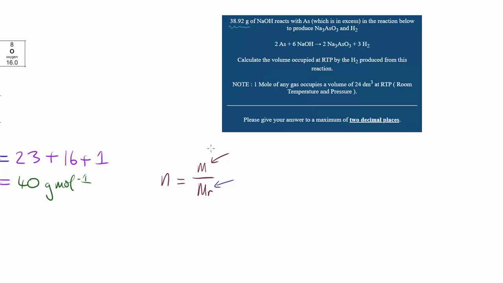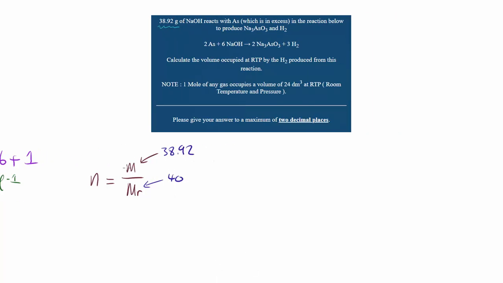So we know that actually, okay, for the mass, we've got 38.92, and for the molar mass, we know we've got 40, right? And so for the number of moles, and this is specifically for NaOH, right? So the number of moles of NaOH is going to be equal to 38.92 divided by 40, right?